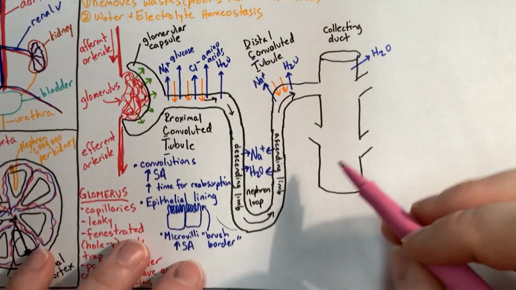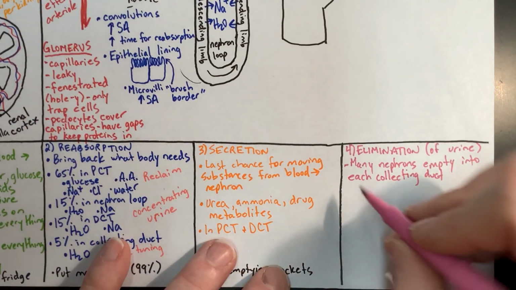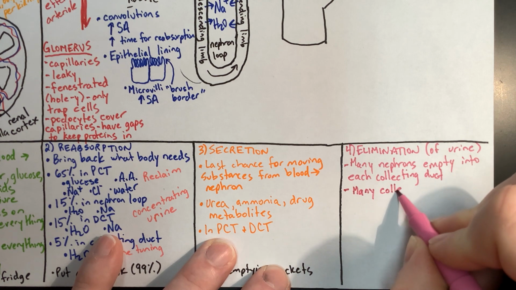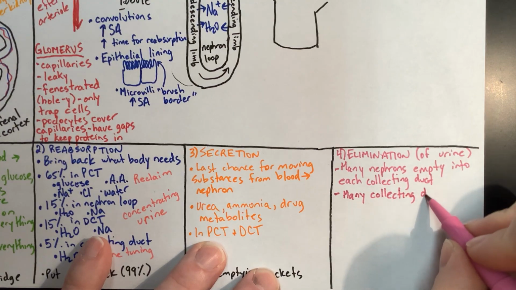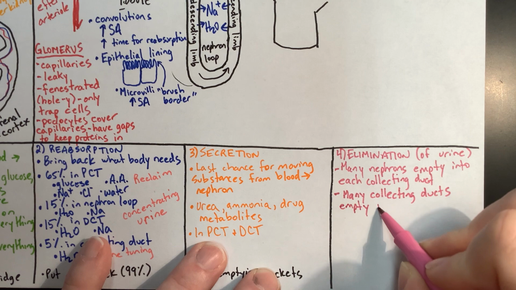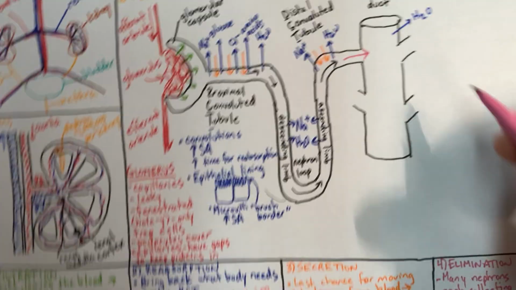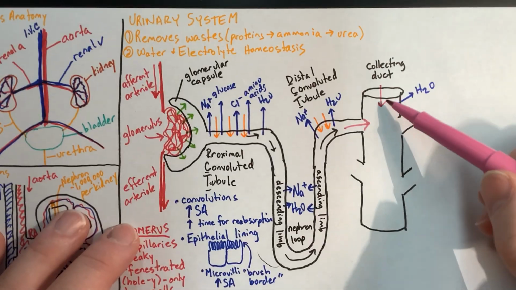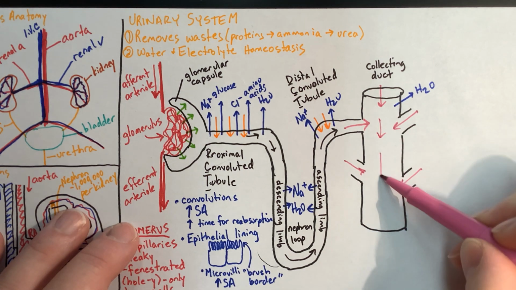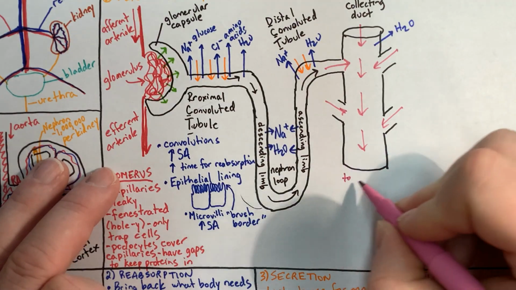So that's what's happening right up here, going into the collecting duct. And then there are many collecting ducts emptying into each ureter. So there's going to be nephrons attaching up here, and nephron, and then all of these are doing the elimination of urine, going to the ureter.